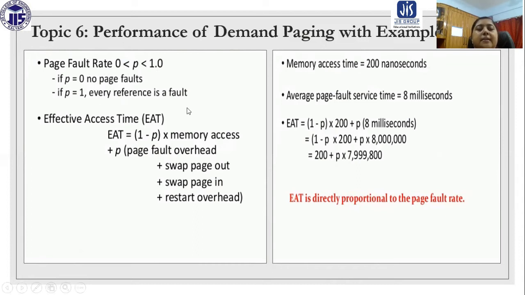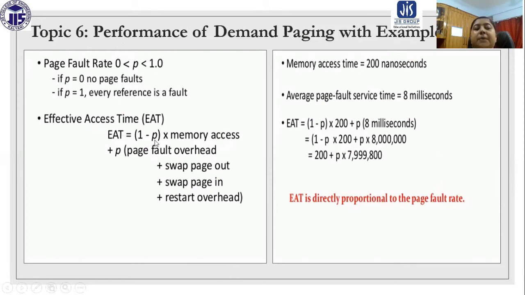Now, how can the effective access time be calculated? If p represents the page fault rate, then 1 minus p represents the accesses without a page fault.